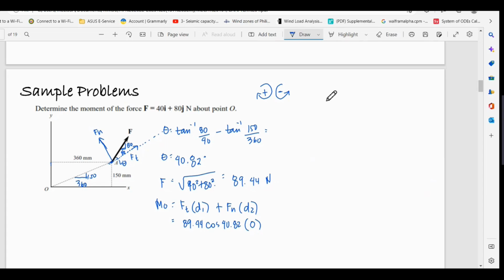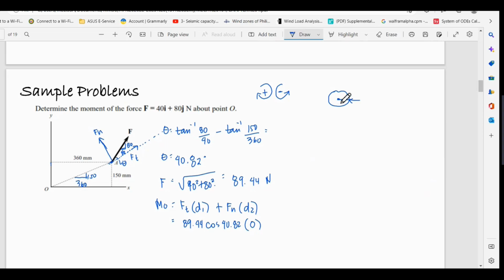For example, we have here a particle. Ayan, a particle. So, pinapahanap yung moment at this point. And then, we have a certain force that is acting here.